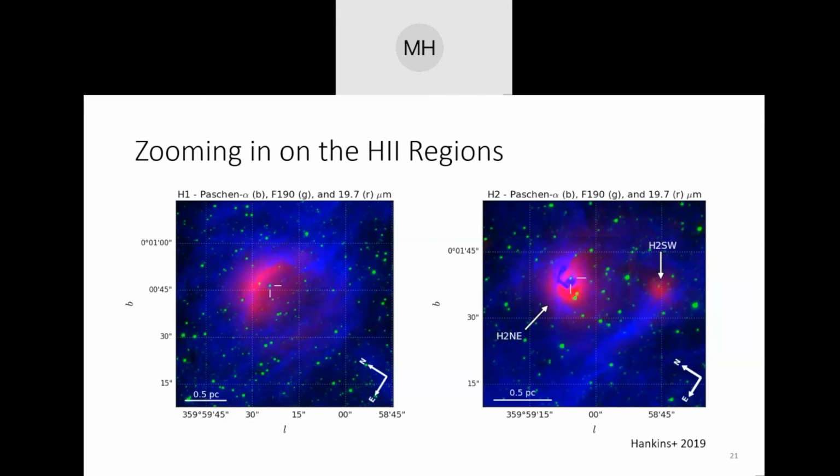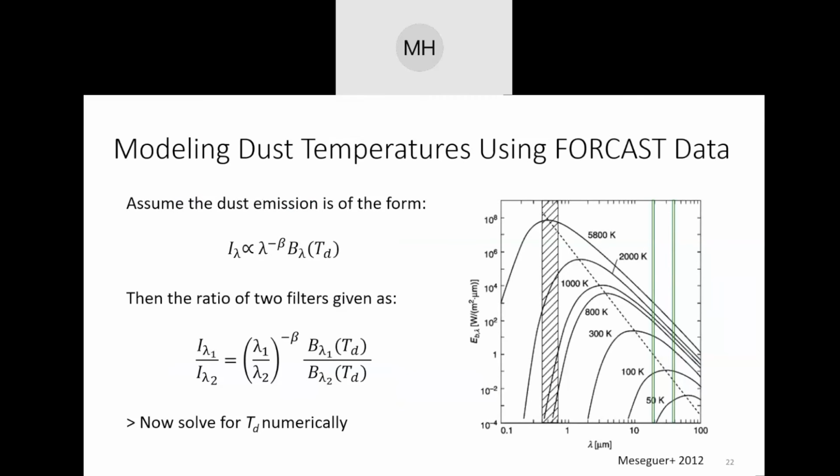We'll also point out that the ionizing sources for these H II regions are known. They're indicated by the crosshairs here. In the case of H2, we found two interesting mid-infrared sources, where before this region was traditionally thought of as just one source, but we found a neighbor to it. I'll talk a little bit more about that in a slide.